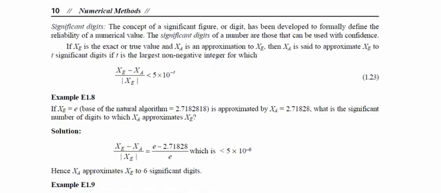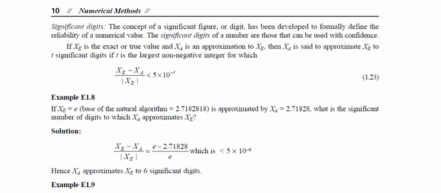Now next is the significant digits. What are the significant digits? This concept is very important while computing relative errors, because we intend to know the number of significant digits used in the approximation process, and their use in computing relative and absolute errors.